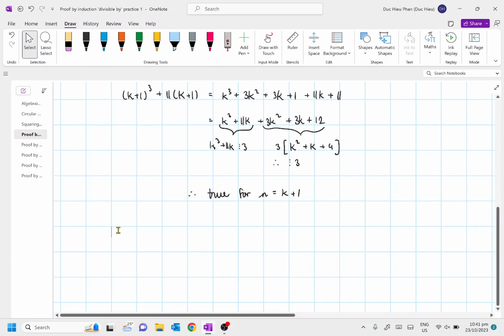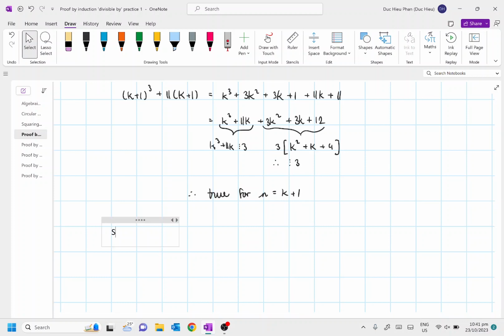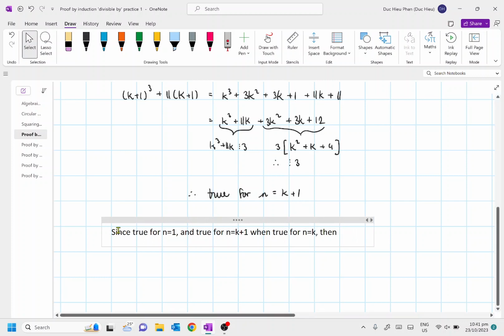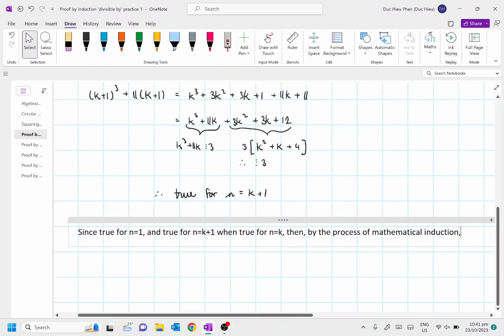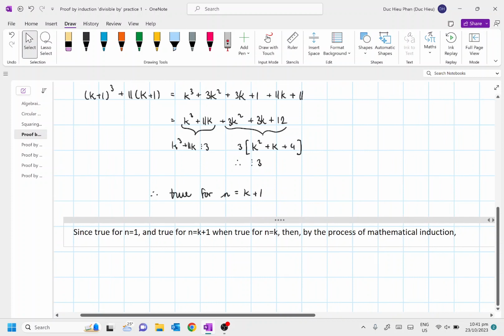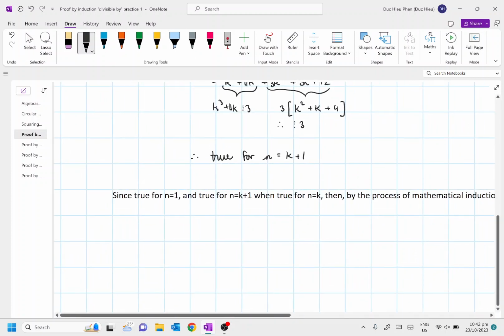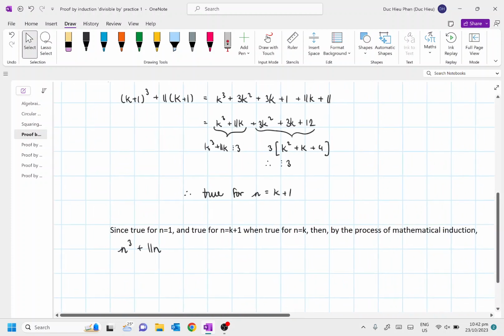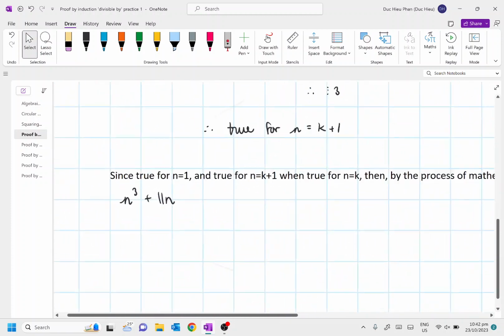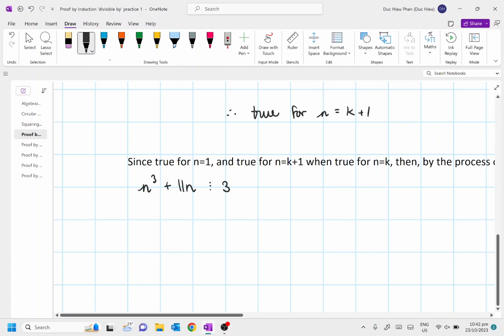And I'm only going to write the statement for the first question just to show you what it's like. So we write: since true for n equals 1 and true for n equals k plus 1 when true for n equals k, then by the process of mathematical induction, and then this part I have to write by hand, n cubed plus 11n is divisible by 3 when n belongs to the set of positive integers.